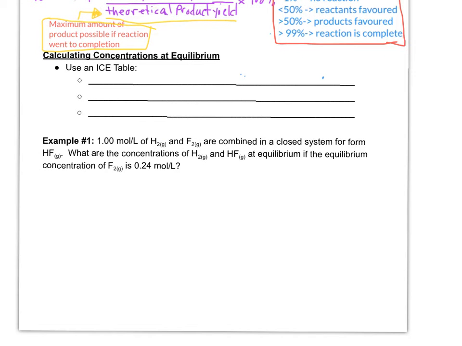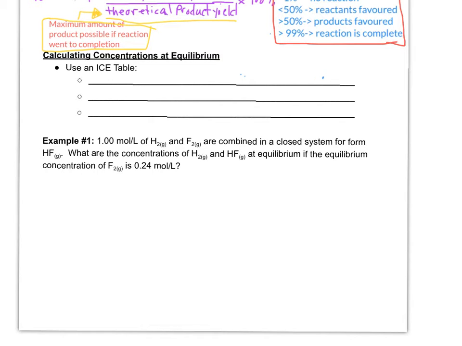The second type of calculation we're going to look at is calculating concentrations at equilibrium. We want to be able to determine how much of each reactant and product we have when the system has reached equilibrium. To do this, we use something called an ICE table.